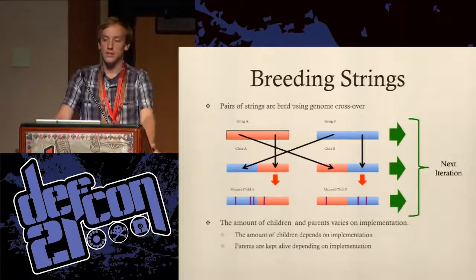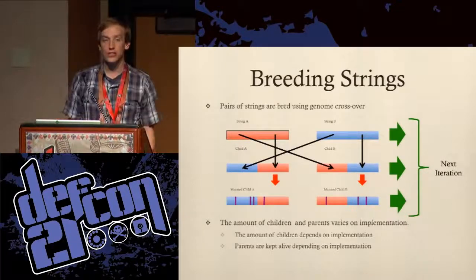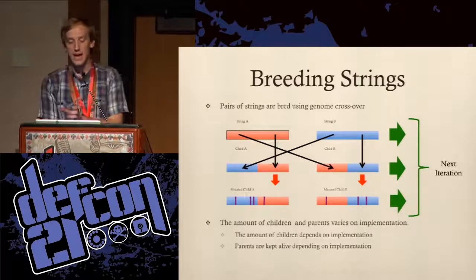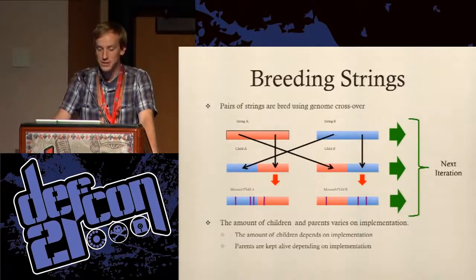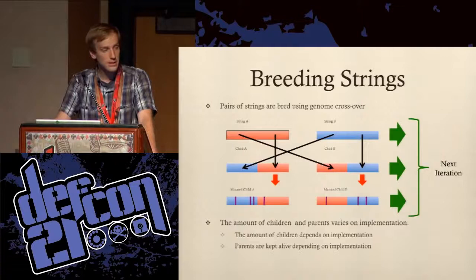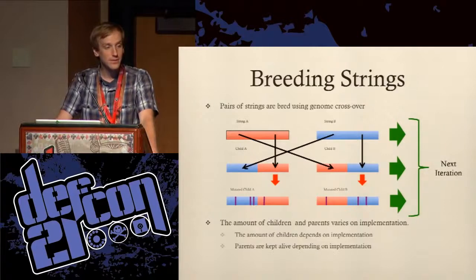The breeding process consists of cutting each string in half, mixing the halves, and then mutating them. The current implementation in the tool is two parents create four children, and the parents also survive. So they pass on their genes and they also live to see another day until someone is better than them.